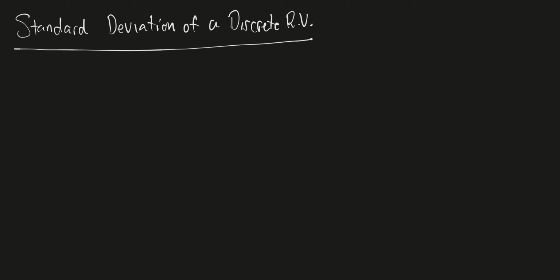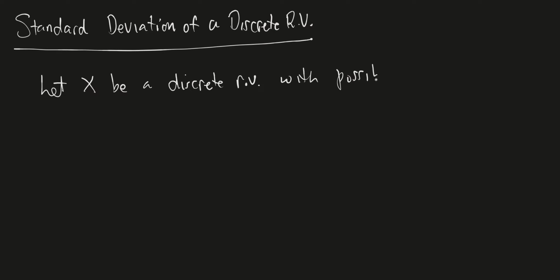Right? So let's start by setting the scenario up. So let x be a discrete random variable with possible values. And then again, remember we use our little x to represent those.